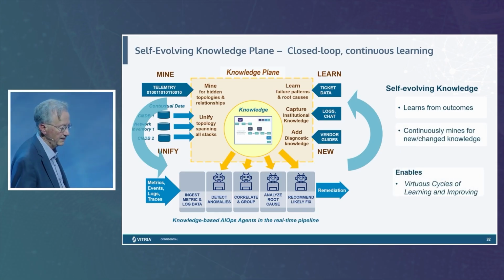And then on the front side, we are continuously mining data as well, so we can see changes in the status of things. And so what we see is this enables a virtuous cycle of learning more and improving, and so forth. So we have now defined a continuous learning knowledge system.